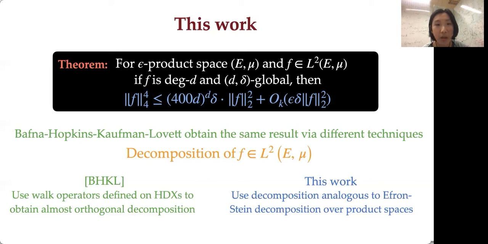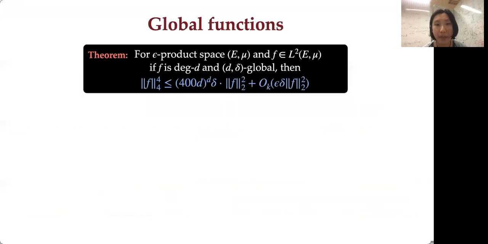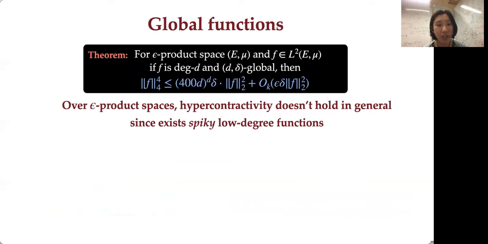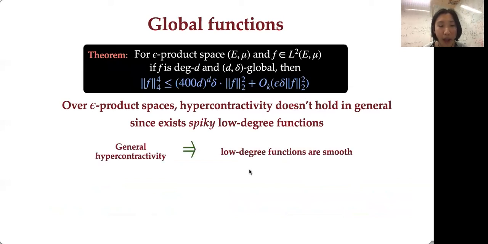Okay, now before talking about the proof, I will explain more what this niceness condition is that we impose here. If we recall, at the very beginning we mentioned that if we have a general hypercontractivity inequality over some space, it would imply that all low degree functions over that space are smooth. Unfortunately, that's not the case over epsilon product space.